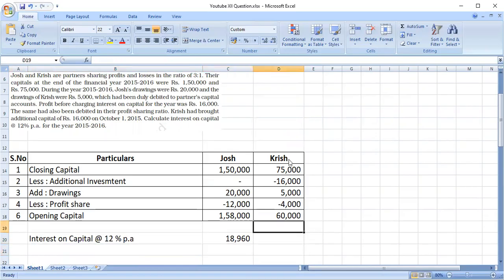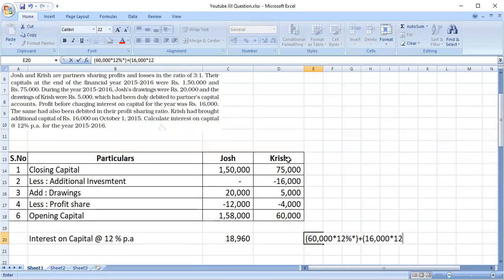But for Krish, it's a little different because the 60,000 was the opening capital, but he has invested an additional 16,000 during the month of October, and therefore the total interest on capital for Krish would be 12% on the 60,000, which was the capital throughout the year, and 12% on 16,000 for 6 months, the period for which he had made the additional investment.